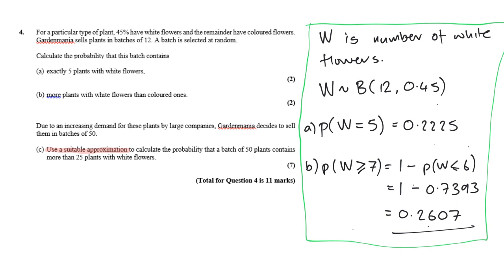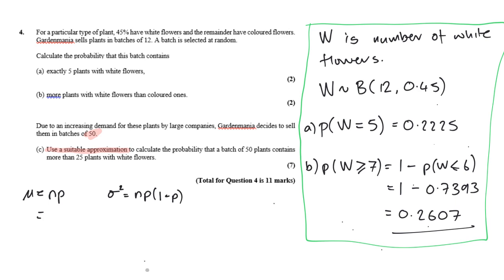And in doing so, that means that for any normal distribution, we need to know mu, and mu is equal to NP. We also need to know sigma squared, that is equal to NP times 1 minus P. If we work out NP, that's 12 times 0.45, but we're selling in batches of 50, an additional change, so we're going to do 50 times 0.45.